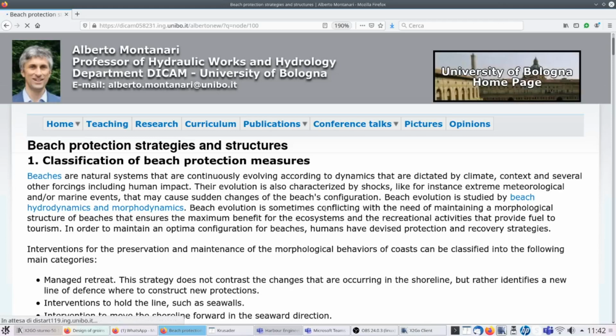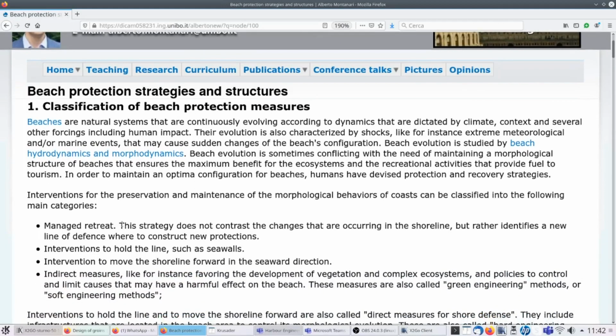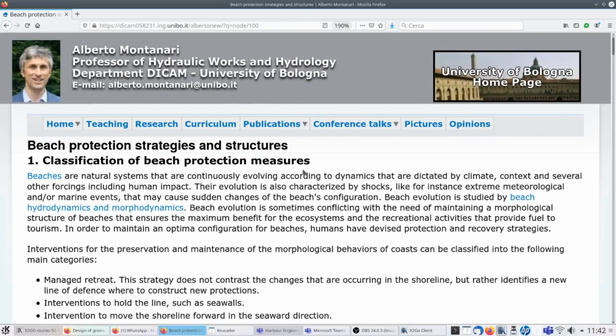It's a descriptive lecture, and as I said, this is a personal overview. I want to give it to you because I think it's important that you get an overall perspective, according to my viewpoint, of what are the measures that you may adopt if you are called to design a strategy for managing a shoreline.